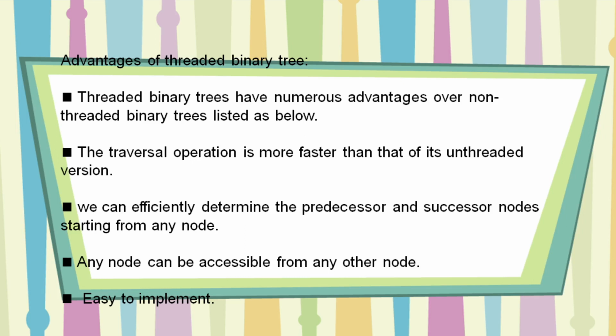Next advantage is any node can be accessible from any other node. Threads usually point to upward nodes, which are in fact a circular linked list, which is not possible in the unthreaded counterpart because there we can move only in a downward direction starting from the root.